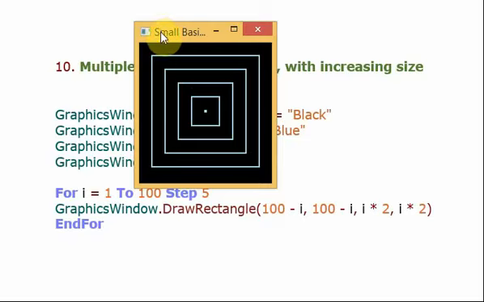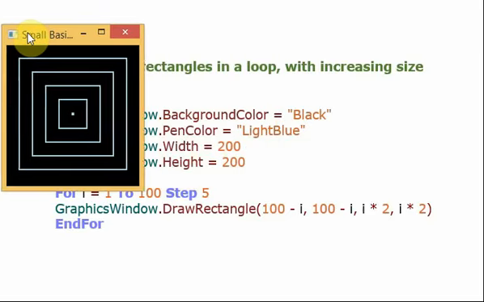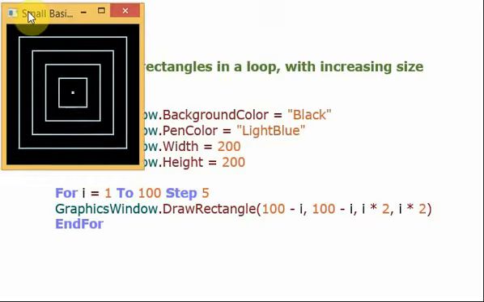What is the value? 99, 99. So here x is 99, y is 99. Clear? Sorry, the starting point is here.